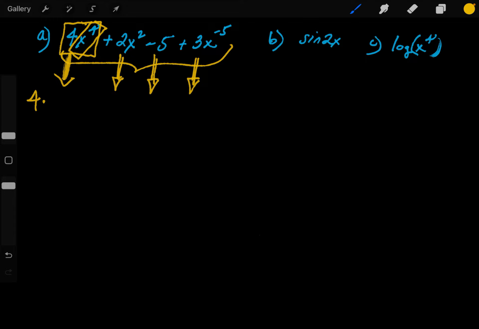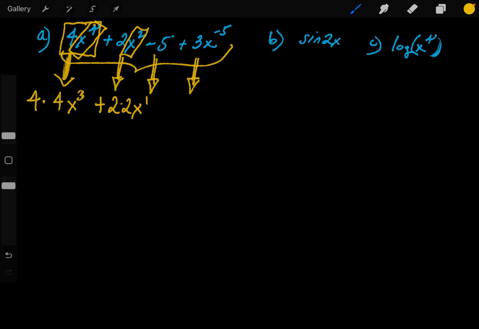So that means that the 4 comes down, x, and then the exponent goes down by 1, x to the third. Plus, the derivative of this one, the 2 comes out, and then you got to find the derivative of x squared. The 2 comes down, and then the exponent is diminished by 1.